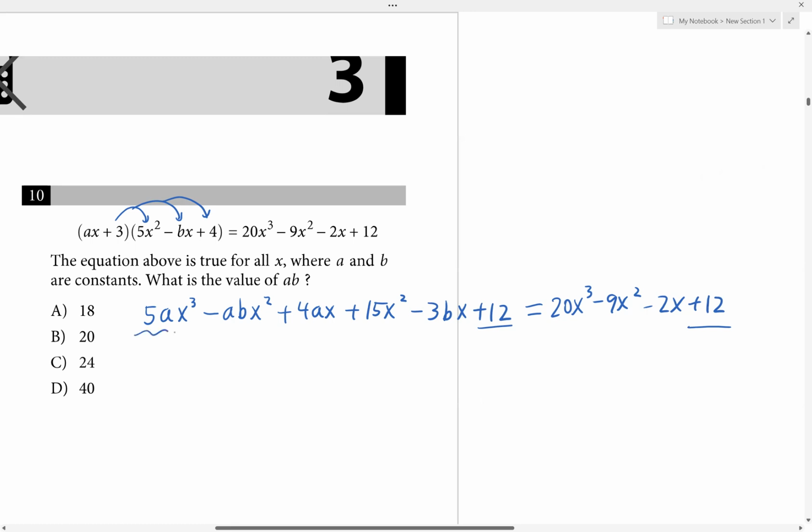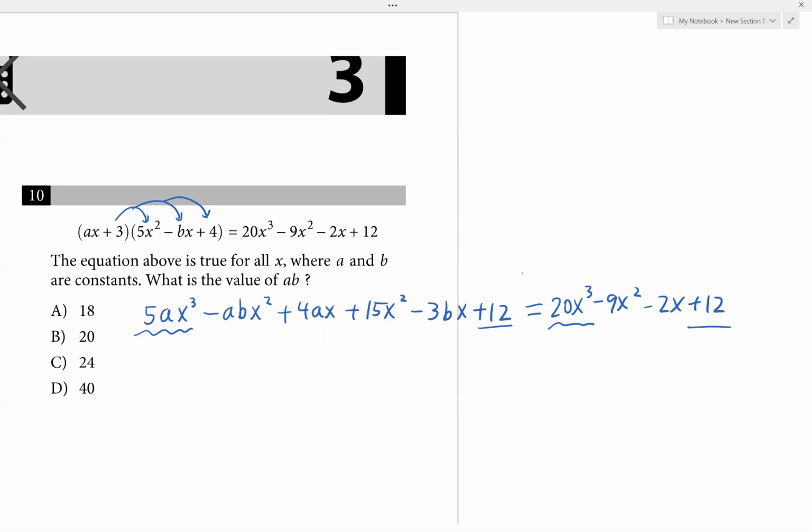But then if you look at the leading term, on the left side we have 5ax cubed, and on the right side it's 20x cubed. Then we know these two terms have to be equivalent. Otherwise, it won't be equal on both sides, because we don't have any other cubic term. For x cubed, the only thing we have is the 20x cubed on the right, and on the left side is 5ax cubed.